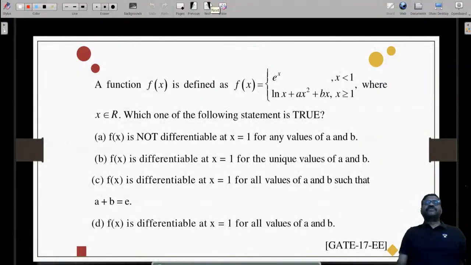A function f of x is defined as f of x equal to e power x when x less than 1, log x plus ax square plus bx when x greater than or equal to 1. Whether the function is differentiable at 1, if it is differentiable at 1 for unique values or for all values, we have to identify.